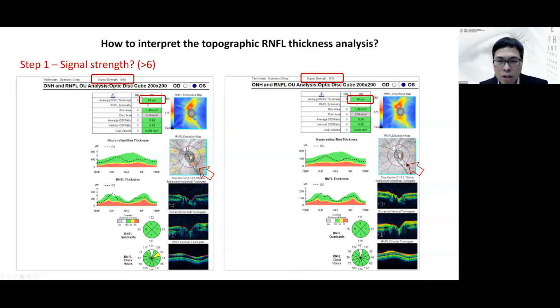Different instruments have different criteria, different cutoffs, different thresholds for an optimal signal strength or signal quality. For the Cirrus OCT, for example, a minimum of more than 6 is typically required for a proper interpretation of the retinal nerve fiber thickness measurements.